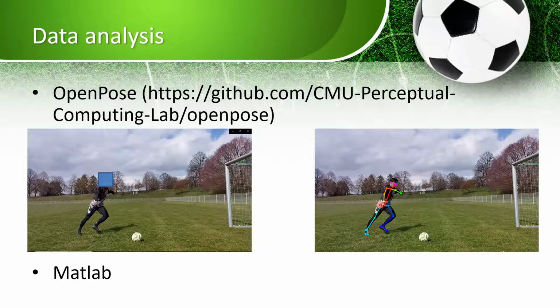So hip, knee, ankle, shoulder, elbow, hand, etc. This is just a visualization, but of course you get the data in a JSON file, if I remember correctly, and I just import the JSON file into MATLAB and analyze the data.